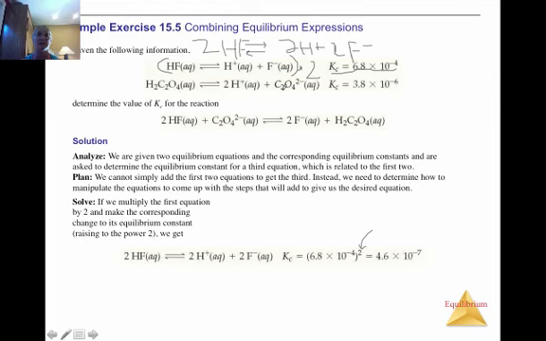And here's an oxalate ion, and the amounts match up. But you can see that this equation had to be flipped and written backwards. So that means what I have to do to that expression is, yep, you guessed it, I'm going to have to take the inverse. So I'm going to have to take 1 over 3.8 times 10 to the negative 6 to get the equilibrium expression for that one flipped.